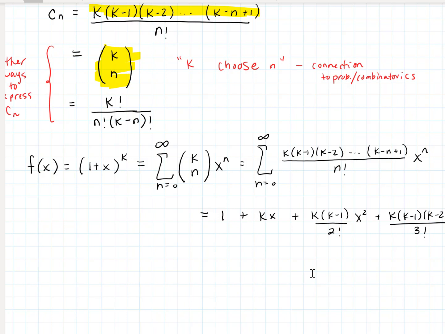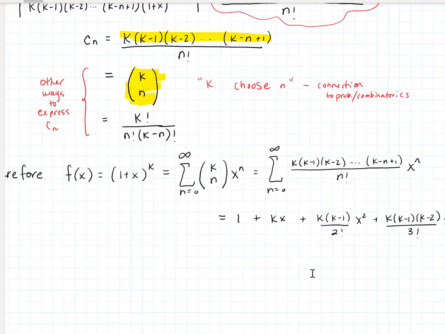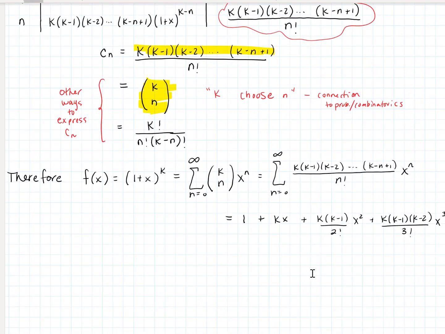Okay, this is what we call our binomial series, and we're going to add this to our useful set of series here in just a second. So this is what we call the binomial series.